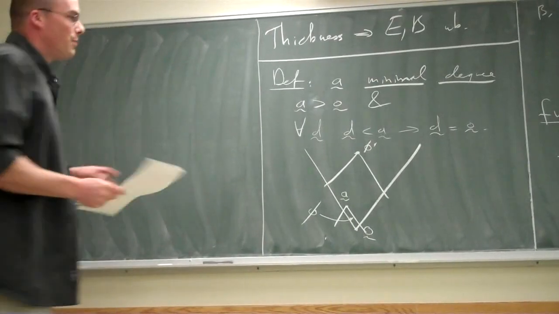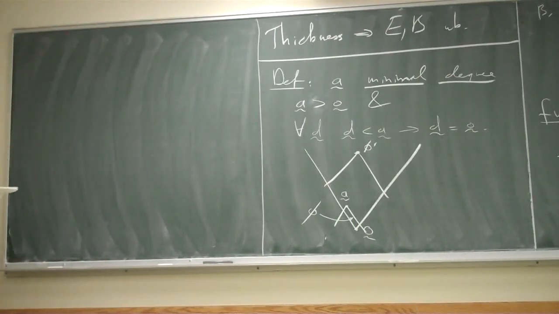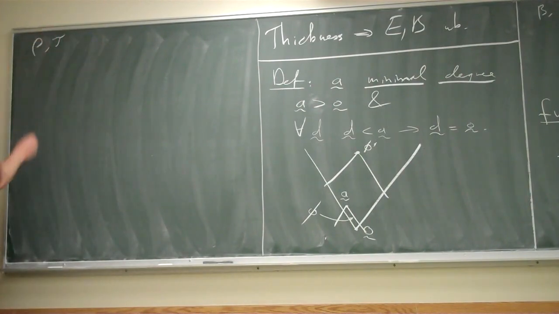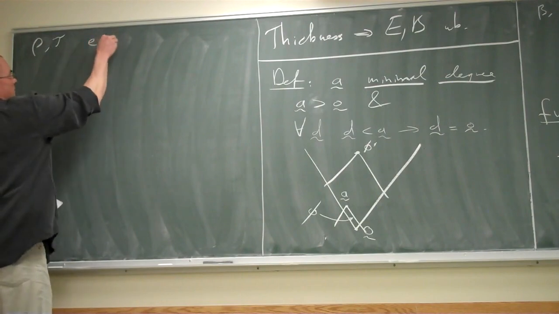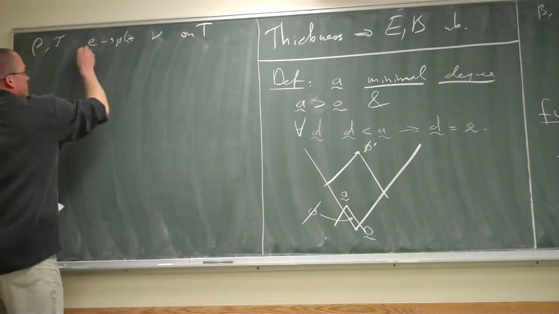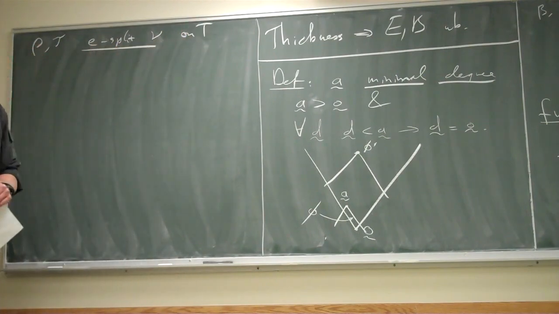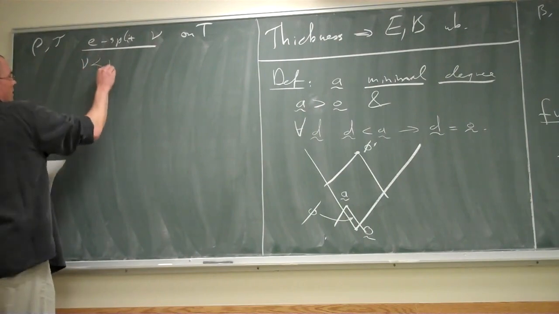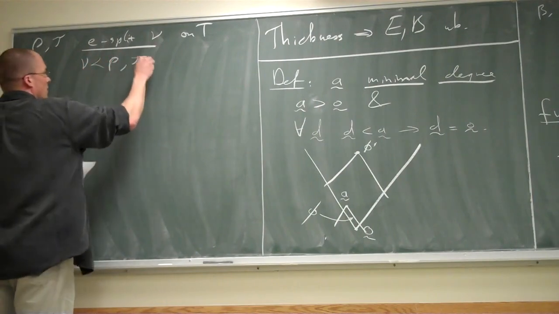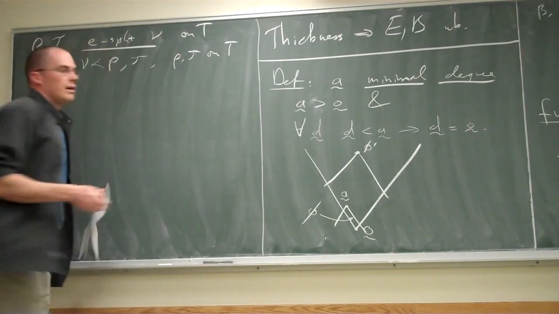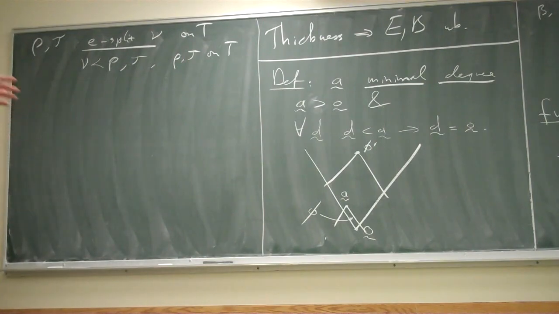Now, why this definition? Well, because of the following: nu and t e-split nu on T, where e is the index of some Turing machine, if, not surprisingly, they are on T and they are extensions of nu.